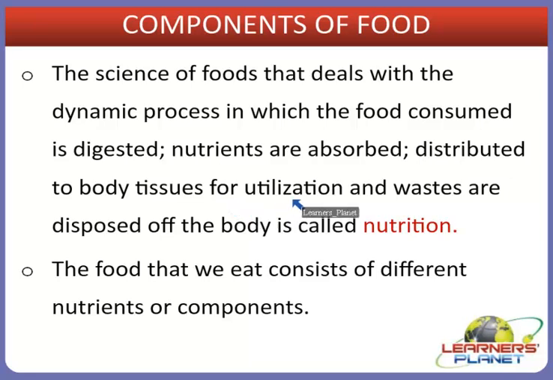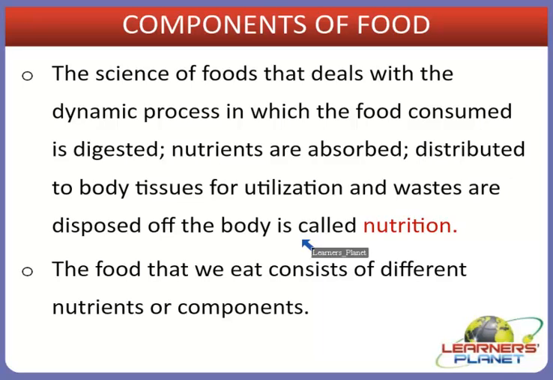Why utilization? Because our body tissues will utilize these nutrients after absorption, and they will be required for energy. Right? Because of that energy, we will be able to carry out various activities. And finally, the wastes are disposed off from the body.